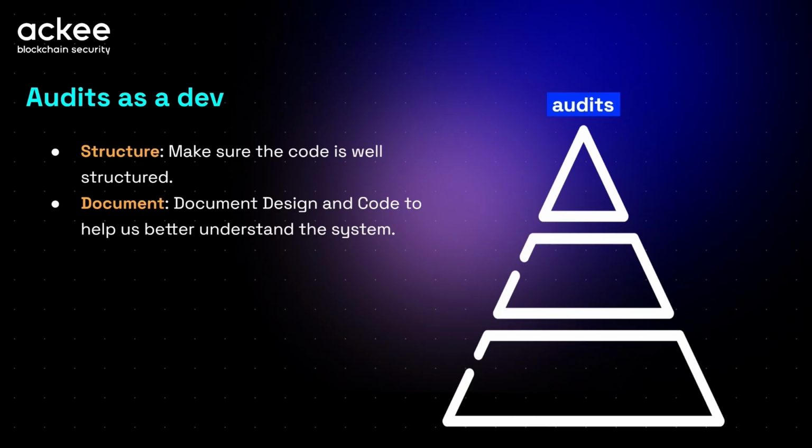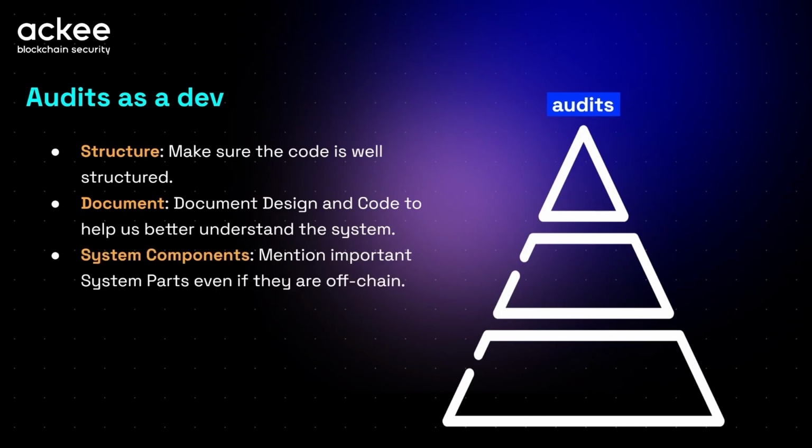It is also important to document this because if the application or the protocol is robust, it can contain a lot of system components which are important. Even the system components can be off-chain.